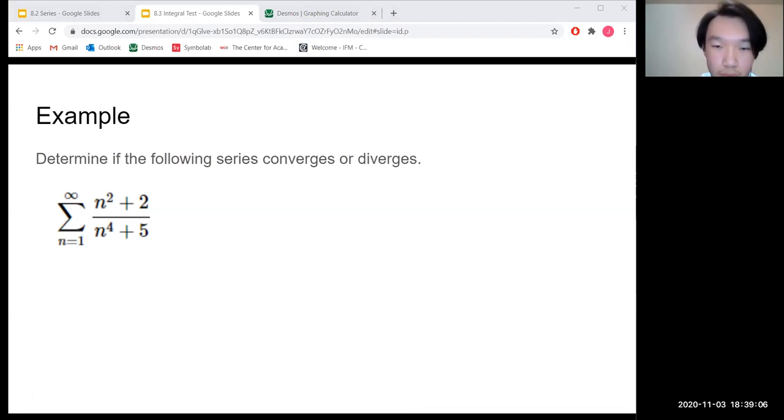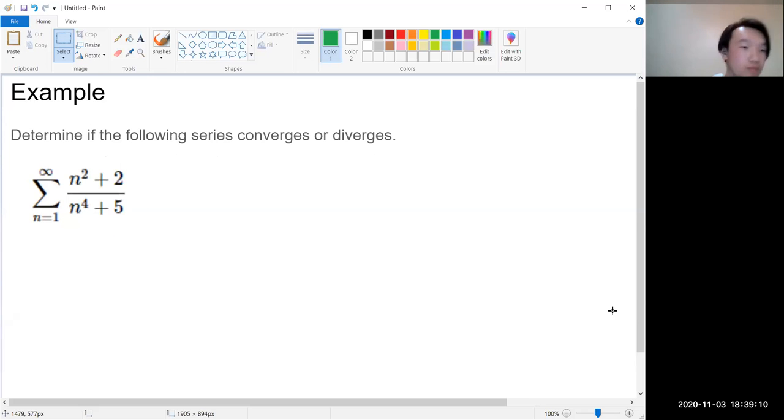All right, let me switch to the board here. So, regarding the comment on the denominator exponent and numerator exponent, remember that we have these two here: 1 over x and 1 over x squared.